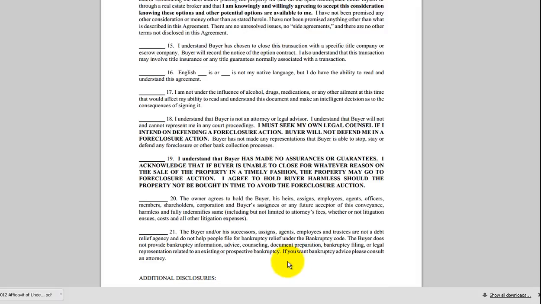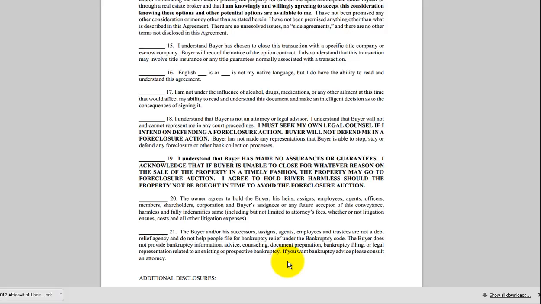The owner agrees to hold the buyer, his heirs, assigns, employees, agents, officers, members, shareholders harmless and indemnify the buyer in return for any attorney's fees, whether or not litigation ensues, or cost or any litigation expenses. In other words, we're proceeding to do this. We're spending our own resources to try to make it happen.